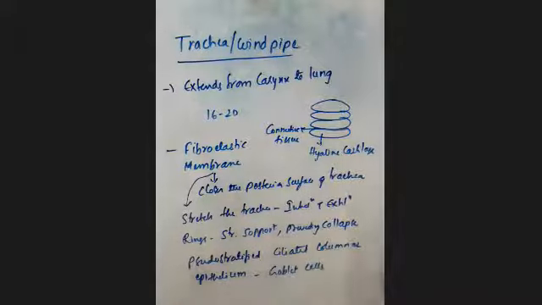See this pseudostratified ciliated columnar epithelium, which is mainly consisting of these goblet cells. Okay, this is about the trachea.